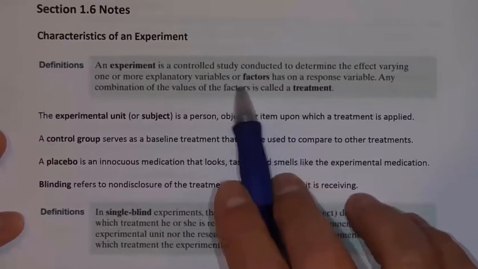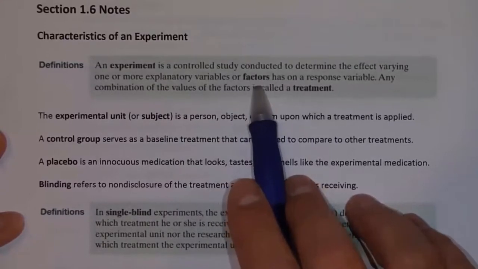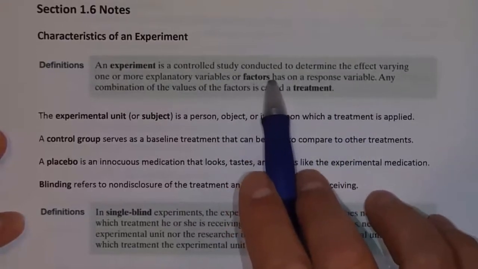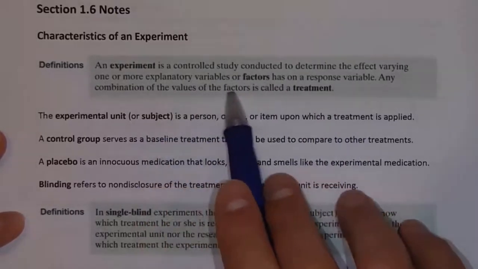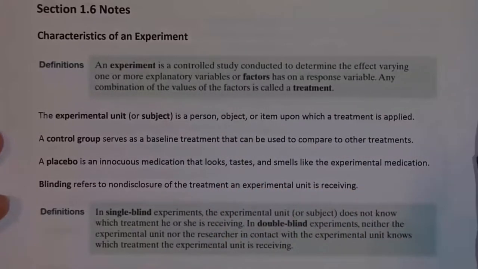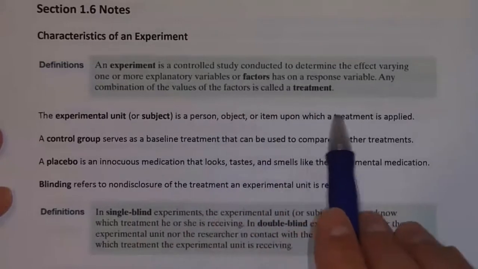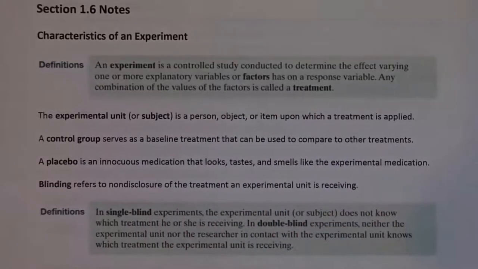So if we vary the factors, we want to see what the effect is on the response variable. So factors is just another term for explanatory variables. They mean the same thing. Any combination of the values of the factors is called a treatment. So however we manipulate the explanatory variables or the factors, that's going to be a treatment in our experiment.